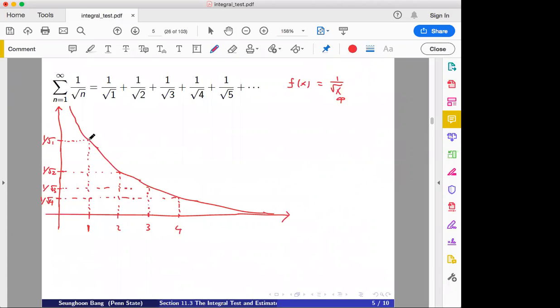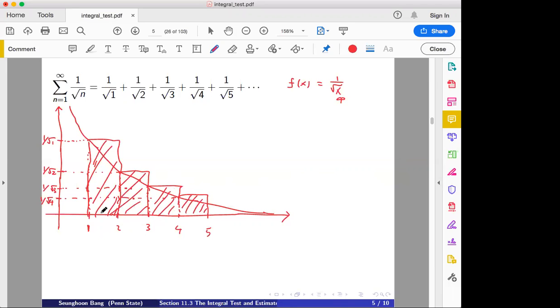We can make it like this one, and similarly make rectangles like this. You choose 5, same.